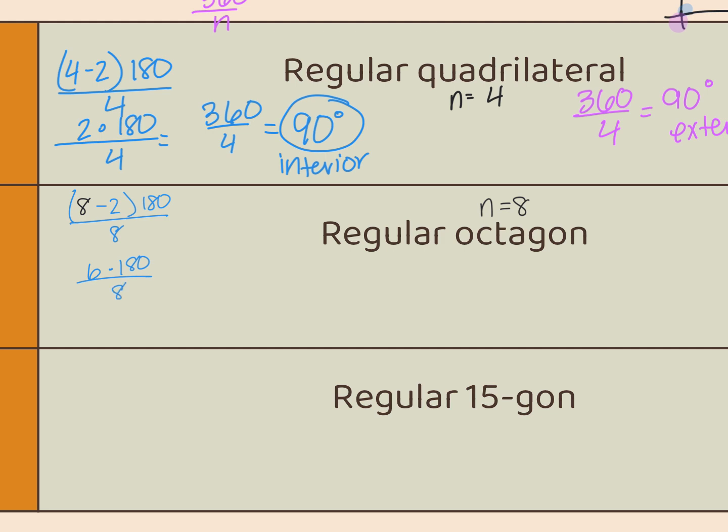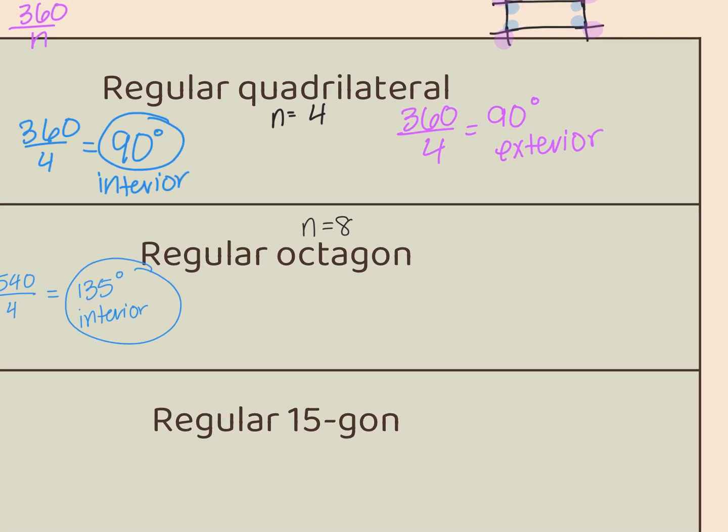Using what we know, we can cross simplify these. I'm going to change this to a 3 and a 4. I like to work with smaller numbers, so you don't have to do that. You could just multiply across, but I want smaller numbers, so I'm going to do it that way. I have 540 over 4. And then if I solved it correctly, that's going to give me 135 degrees. And this is for, again, my interior angles.